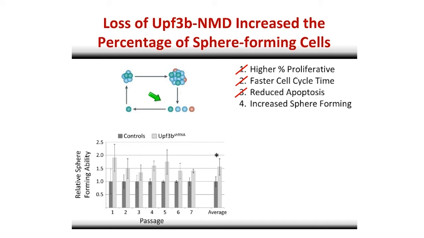And so if you count spheres over serial passages, we can always see that when we knock down UPF3B, we always got more spheres forming in the cultures over several passages, and this was highly significant on average. So this, to us, pointed out that in the absence of UPF3B, we're actually increasing the number of neural stem cells in the cultures.